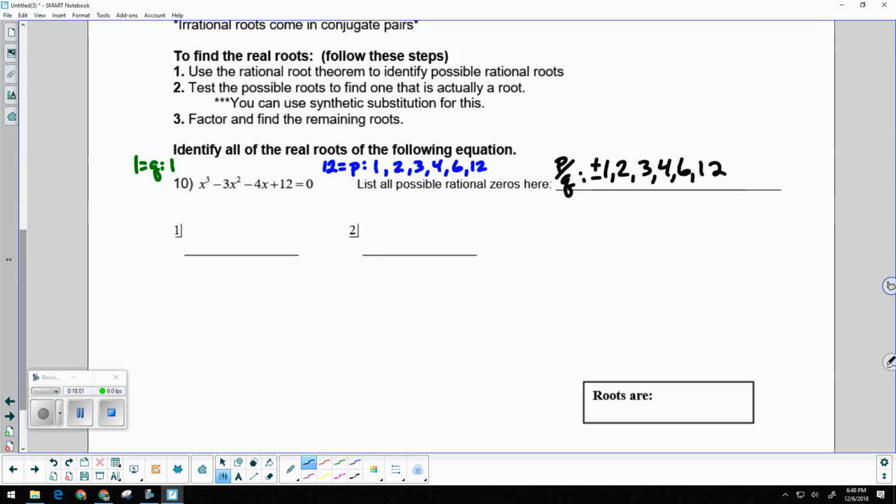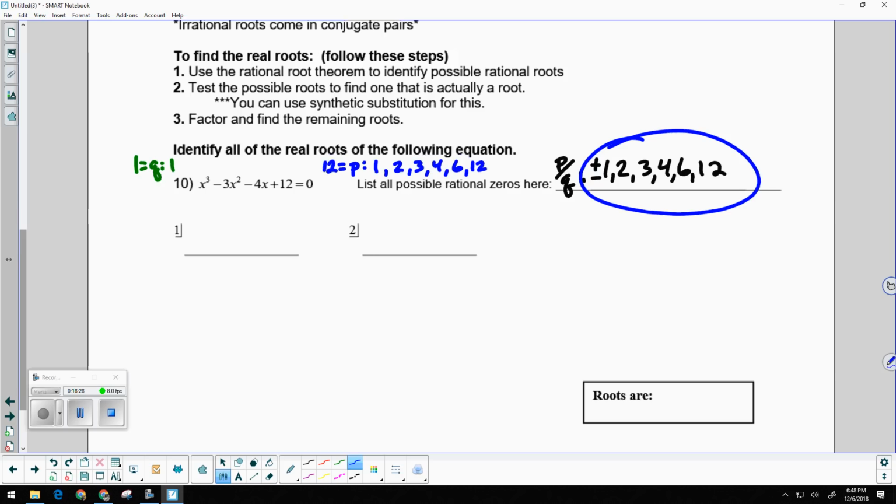Now, number 2 is guess and check. What you're going to do is choose one of these numbers, use synthetic division, and see if it's a root. Remember, when your remainder is 0, that tells us that something is a root.